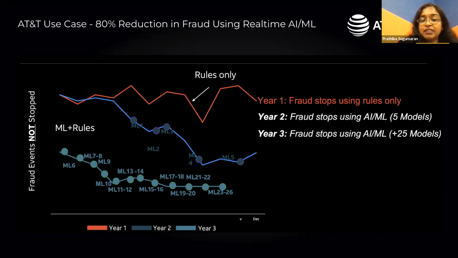So as a second step, we needed to look at AI ML solutions, where we added 5 to 10 models to reduce the fraud events. As you can see, the blue line in the chart over here shows significant fraud events being stopped in the second year.